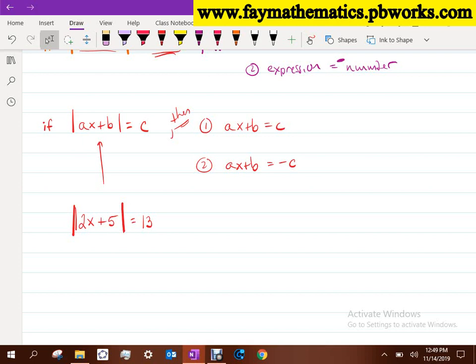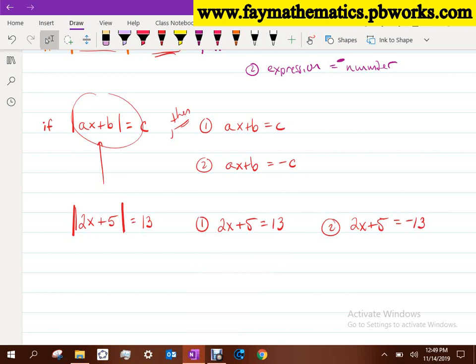So this matches, and then we get two equations. The first equation, you get rid of the absolute value bars, and you get that, right? The second equation is the exact same thing, but you make the 13 negative. Can you solve those two individual equations?